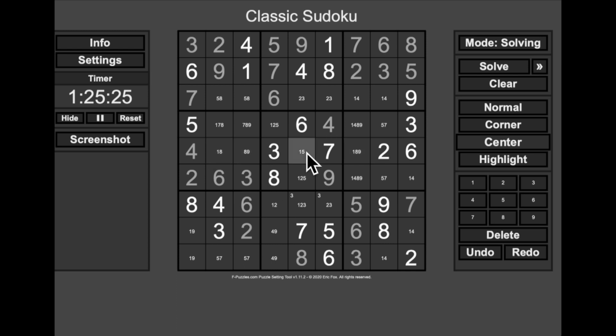The only place for a 5 in row 5 is the very central cell, which is that one. Okay, that makes these a 1, 2 pair in box 5, except I can't have it there because that's a 2. That's a 1. That's a 2.